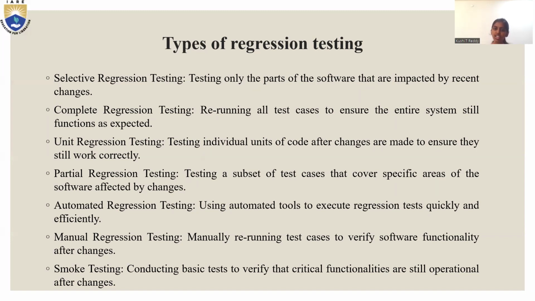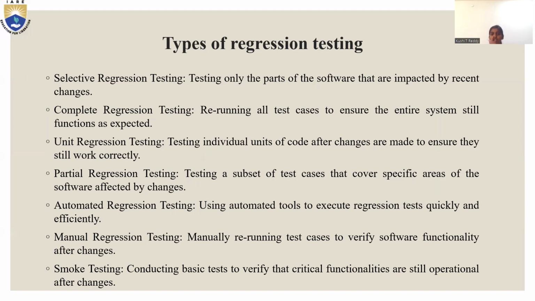Next is automated regression testing: using automated tools to execute regression tests quickly and efficiently. Manual regression testing: manually rerunning test cases to verify software functionality after changes. Next is smoke testing: conducting basic tests to verify the critical functionalities are still operational after changes.